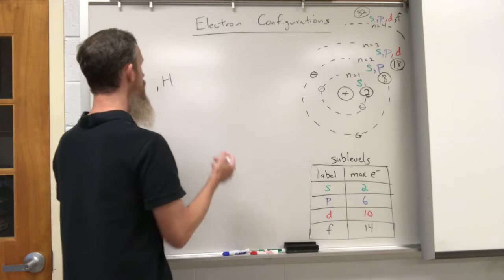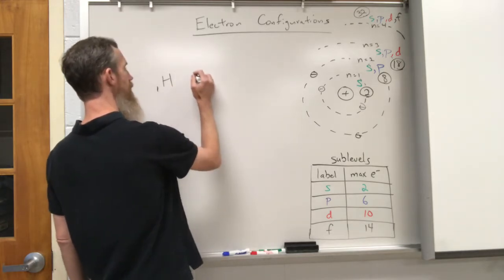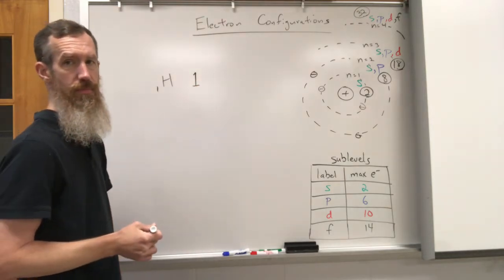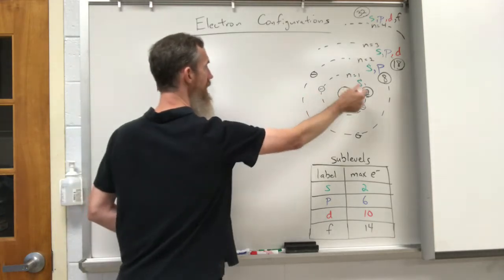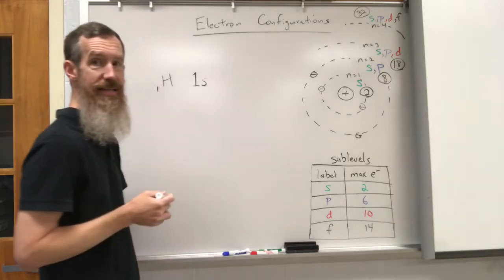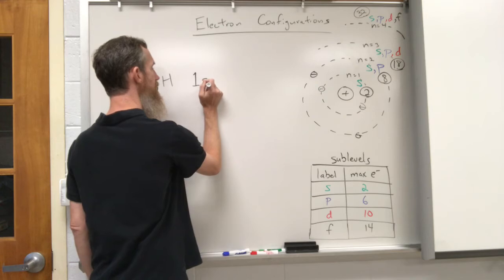And so the notation goes like this. You have 1 electron. That first electron is going to be in the first energy level. And because the first energy level only has an S sublevel, it will exist in the S sublevel. So we write this little notation, 1s.